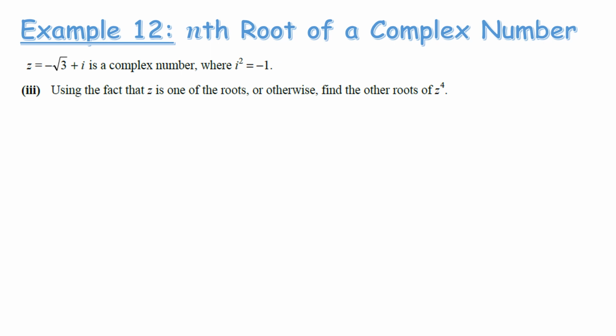So the last part of this is a very interesting piece. It says using the fact that z is one of the roots, or otherwise, so using any other method, find all the other roots of z to the power of 4. So basically what we end up with is z to the power of 4 has an answer, and we've worked that out, and that answer is minus 8 minus i 8 root 3.